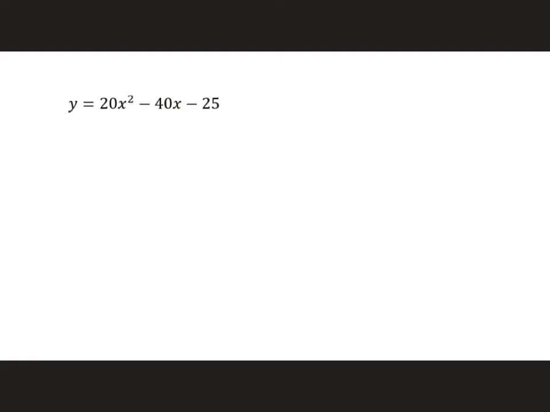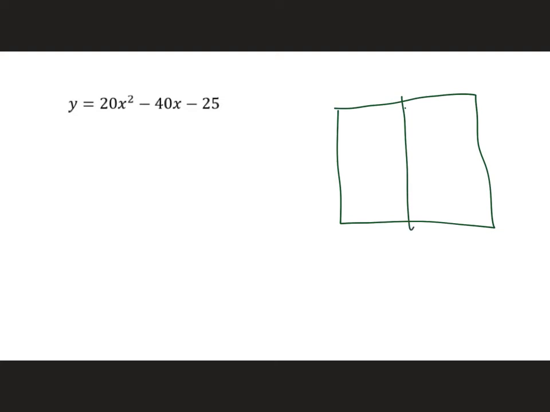Now, when we look at this one, if you're really paying attention here, you'll see that these are pretty large numbers. But what I see is that 20, 40, and 25 have a greatest common factor between those three terms. So what I want to do is go ahead and factor out what they have as a greatest common factor.